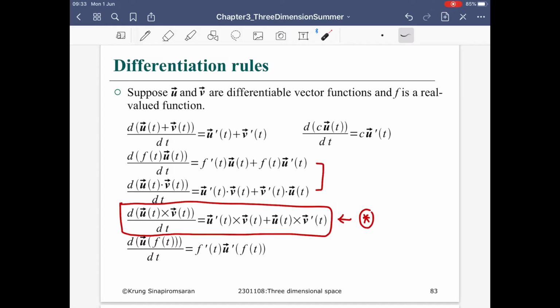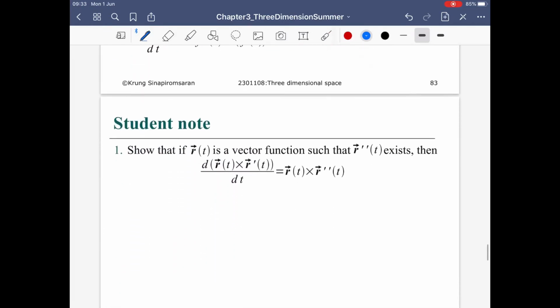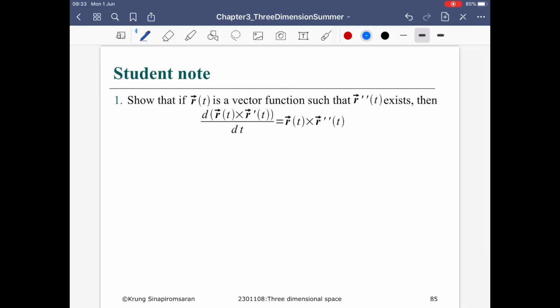And one more thing is that if you got your u and you have a function inside, this one is the chain rule, right? So it is a derivative of your vector u multiplied by the derivative of the function inside, as we got in the same old chain rule. So let us look at some problems, all of which deal with the properties that we have learned.